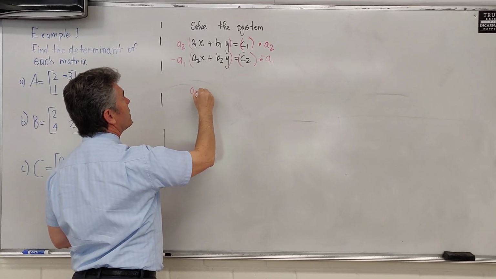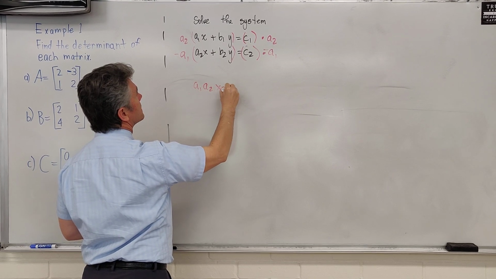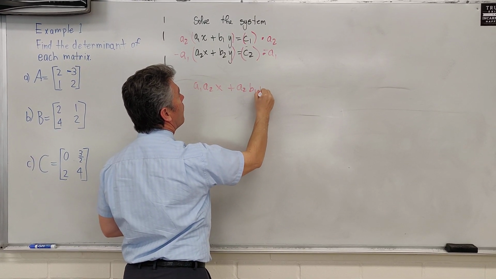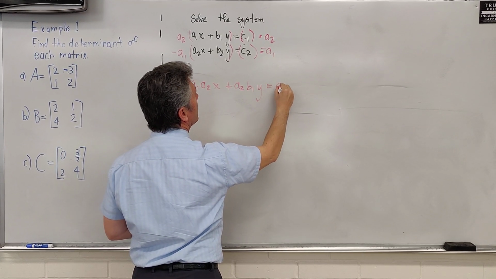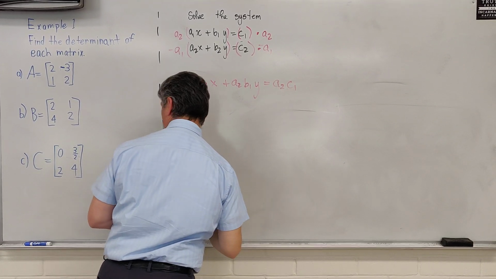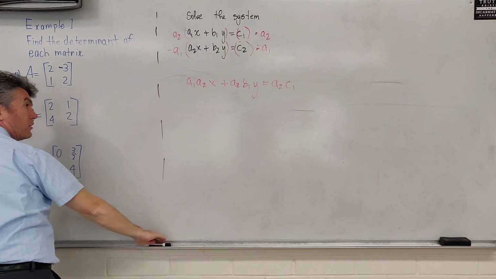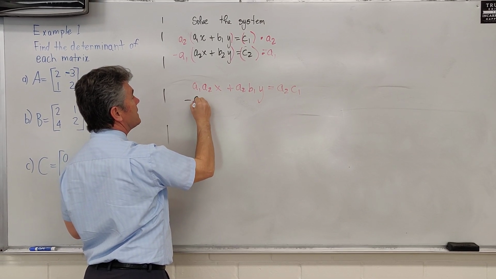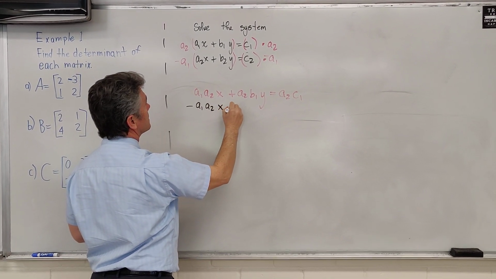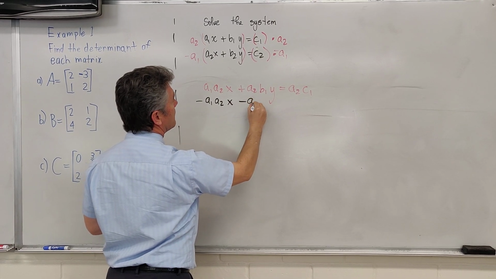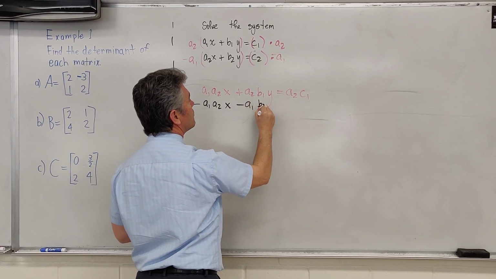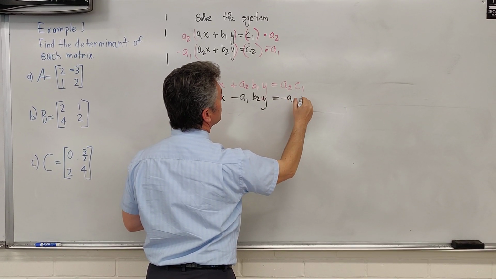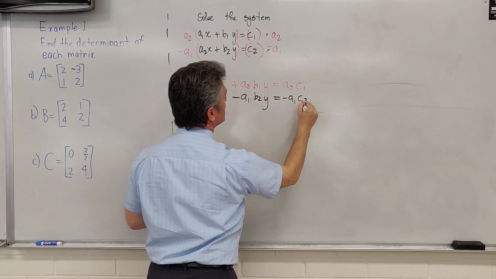We have a sub 1, a sub 2 x plus a sub 2, b sub 1 y is equal to a sub 2, c sub 1. Then we get negative a sub 1, a sub 2 x minus a sub 1, b sub 2 y is equal to negative a sub 1, c sub 2.